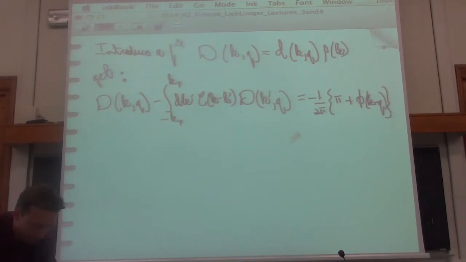Okay, and here the q that we had, really we're doing it for q greater than kF. So q is the particle rapidity. It's somewhere outside of the Fermi sea on the right hand side, so we have this.